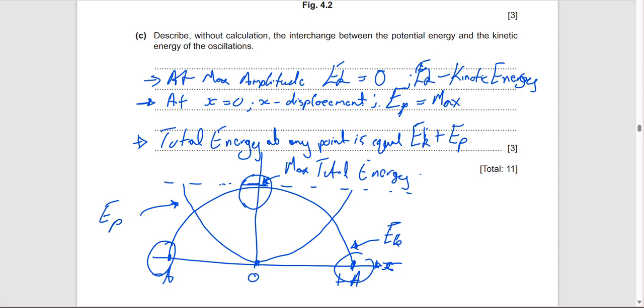And you explain your symbols, that Ek means kinetic energy and Ep represents potential energy.